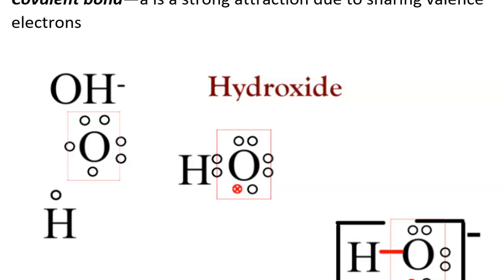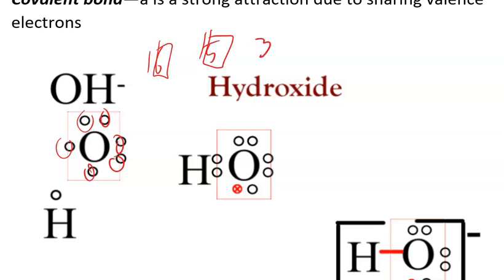So I don't expect you to fully understand this yet, but the oxygens are going to bring in 6 valence electrons, right? You got 1, 2, 3, 4, 5, and 6 because it's in group 16, so that's going to be 6 valence electrons. If it was in group 15, it'd be 5 valence electrons.